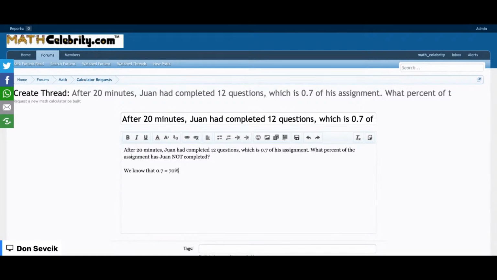You know how to convert decimals to percentages; for people that don't get it, 0.7 equals 7 over 10. 0.7 as a percentage is 0.7 times 100, or 100%, equals 70%.